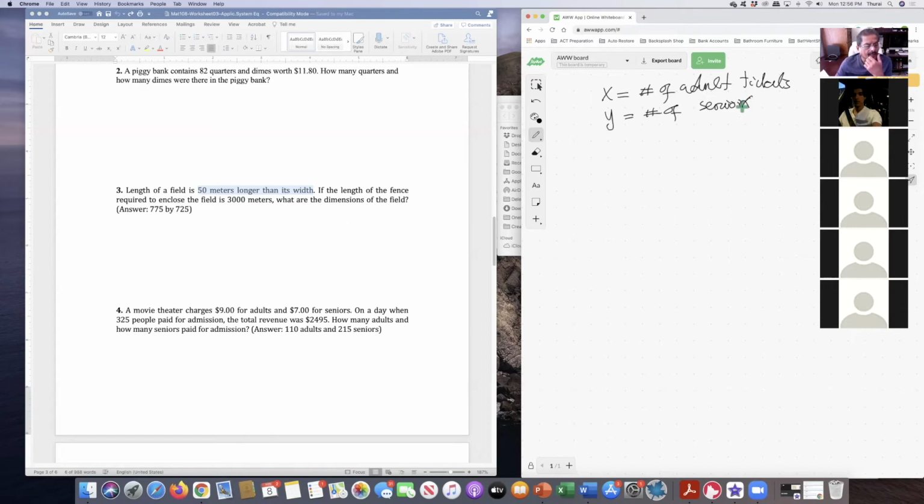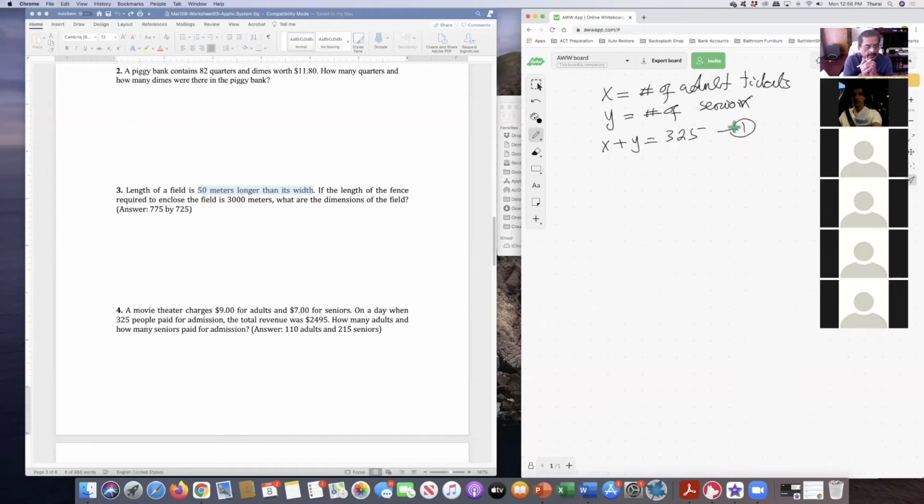Let's translate that first piece of information: altogether, 325 people paid for admission. How does that translate? Anybody? X plus Y equals 325. Right, very good. X number of adults purchase tickets, Y number of seniors purchase tickets, so the total number of people who purchase tickets will be X plus Y. And that's equal to 325, the first equation.